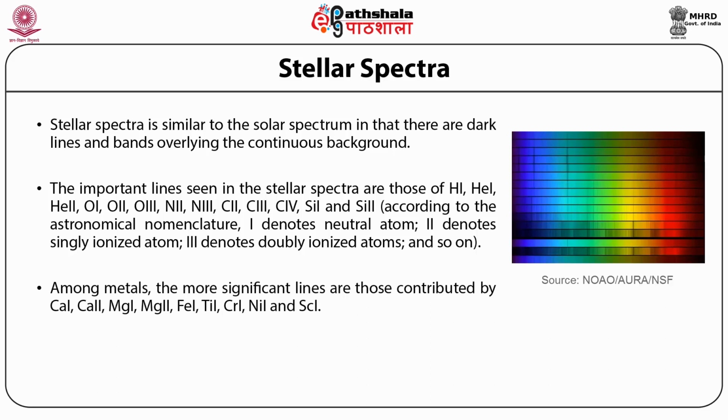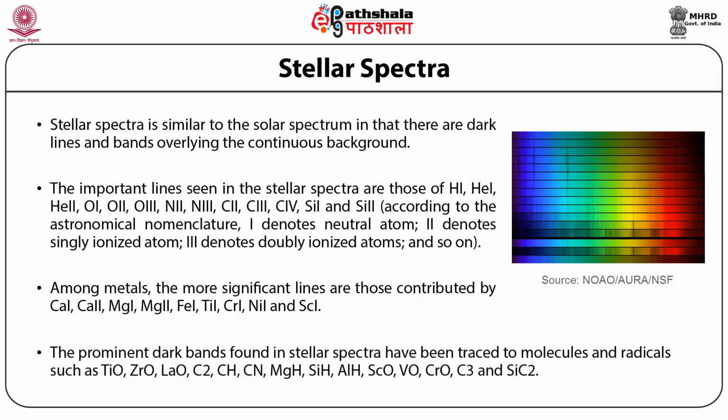Amongst the metals, the more significant lines are those contributed by calcium I and II, magnesium I and II, iron I, titanium I, chromium I, nickel I, and scandium I. The prominent dark bands found in the stellar spectra have been traced to molecules and radicals such as titanium oxide, zirconium oxide, lanthanum oxide, carbon, CH, CN, MgH, silicon hydride, aluminium hydride, SCO, vanadium oxide, chromium oxide, C3, and SiC2.